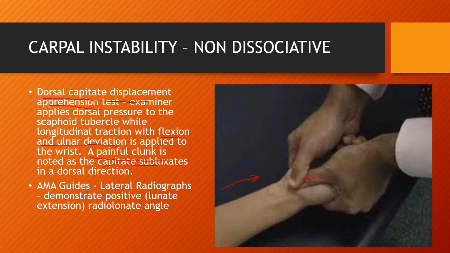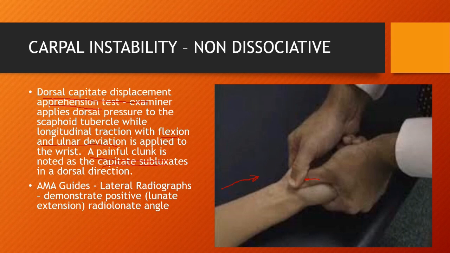And on diagnostic radiographs, the lateral radiographs, according to the AMA Guides, will demonstrate a positive radiolunate angle, as the lunate bone is in a position of extension on these neutral non-stress radiographs.